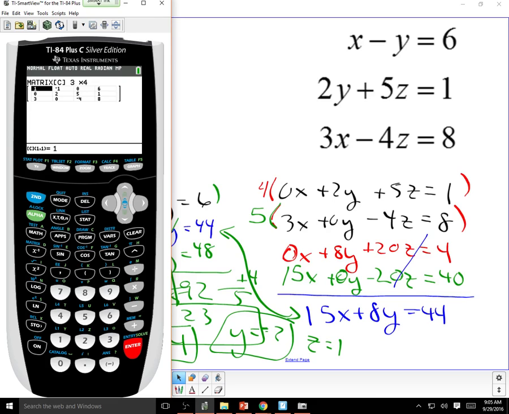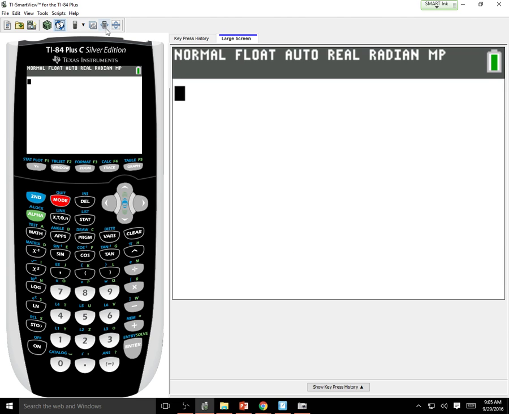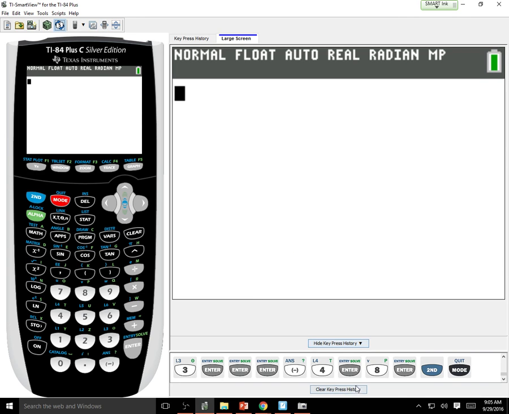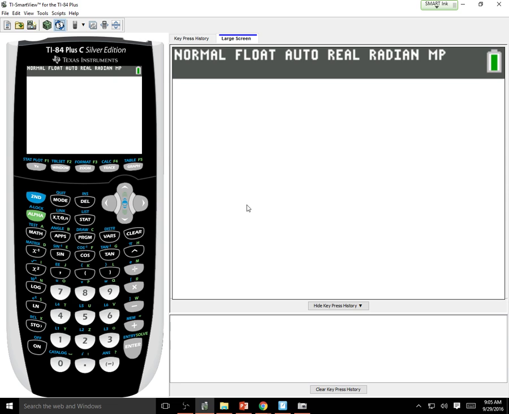So what do you do with that? Okay. Back to the home screen because that's working to our math. And you do that by going second, quit. Okay.